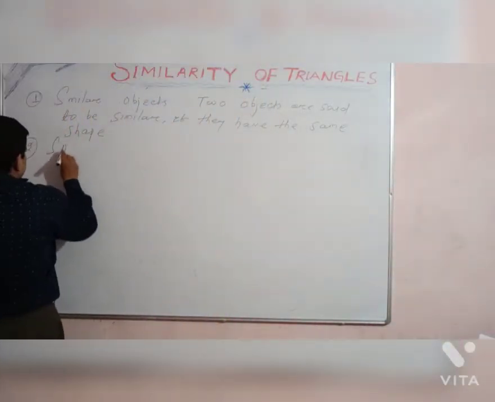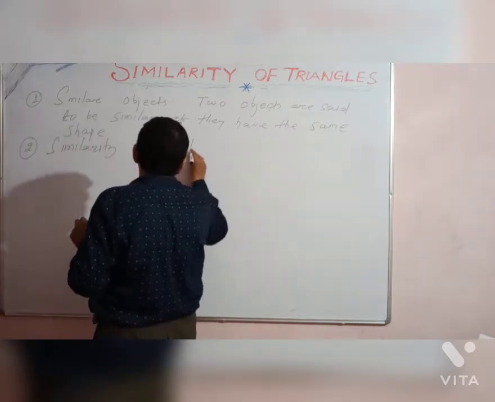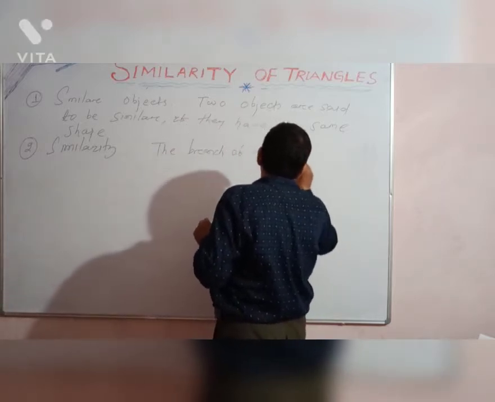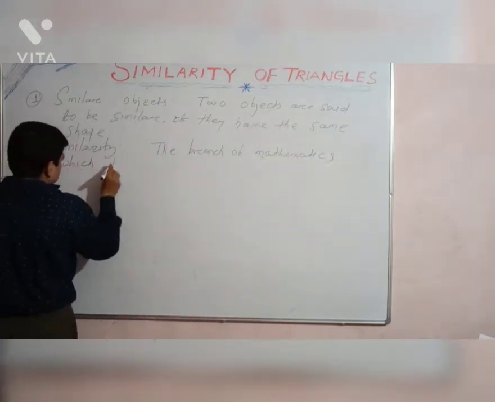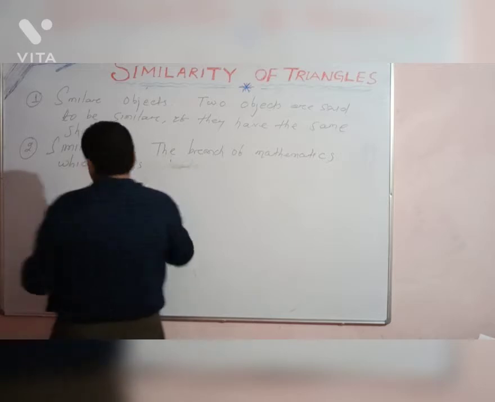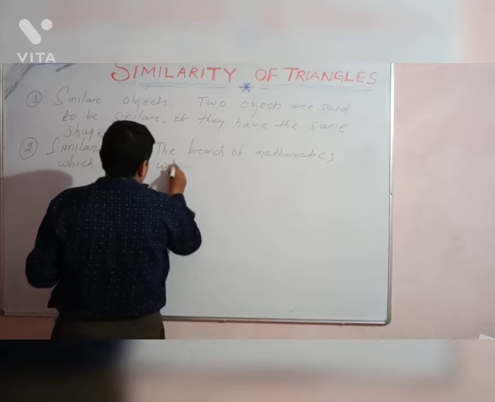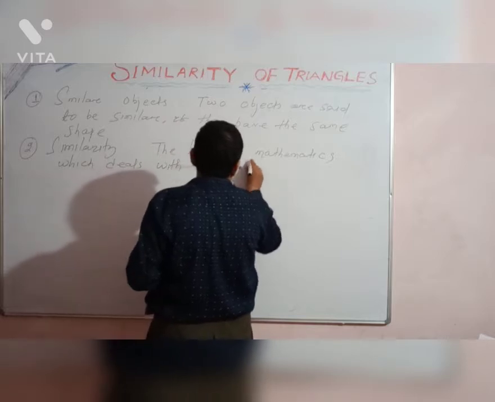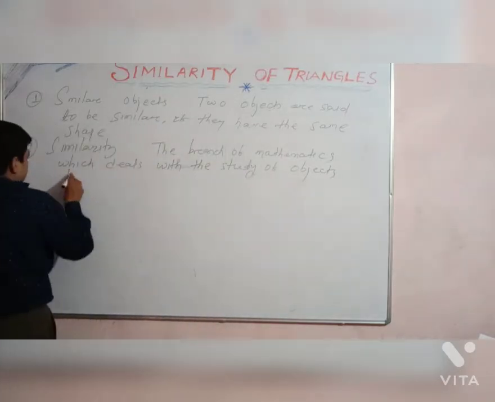So what is similarity? Similarity is the branch of mathematics which deals with the study of similar objects, objects having the same shape.